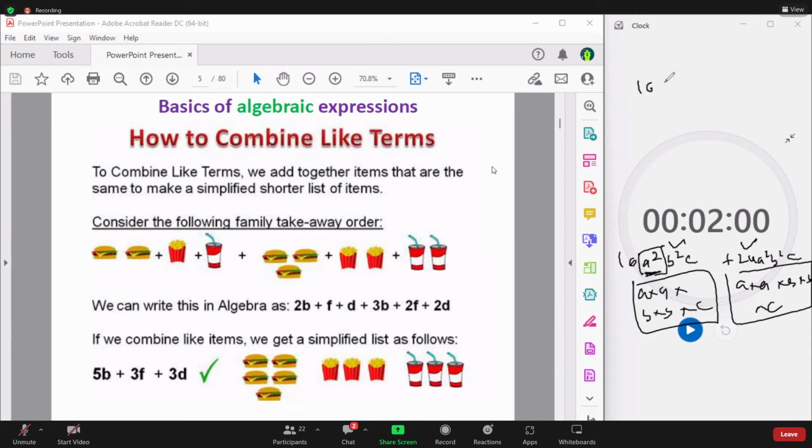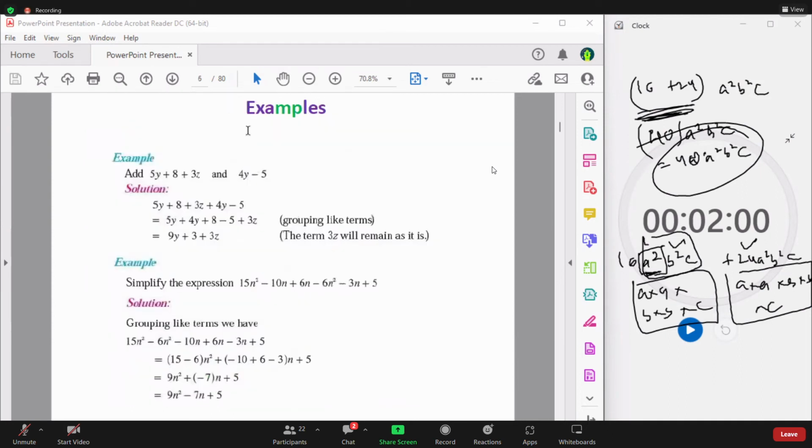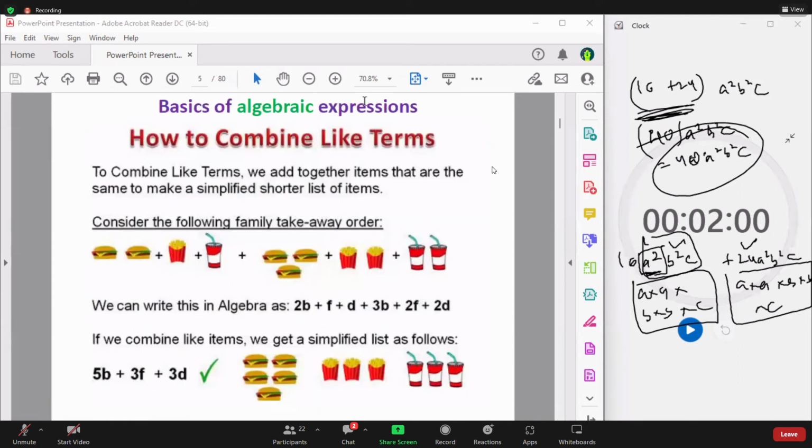Therefore, you can take out the variable factors as common, and then you can add the numerical part, the coefficient part of the values, and this then becomes 40a square b square c. Okay, anyone who has a problem till here, who has not understood, needs me to repeat something?